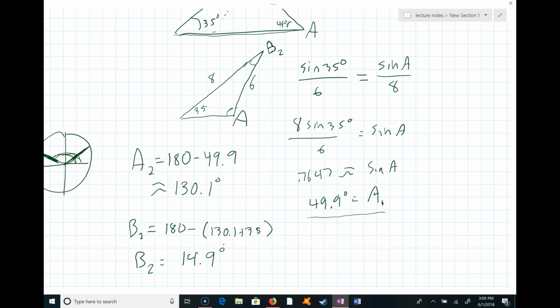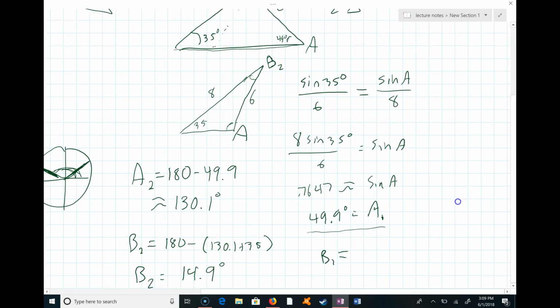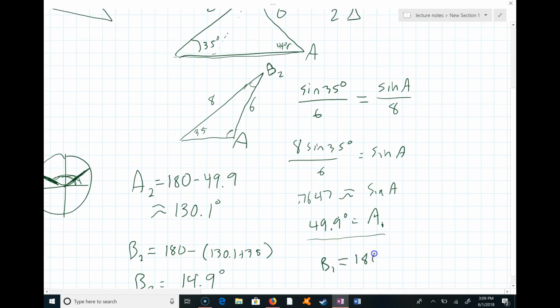And when there's 2 triangles, we've got to find all the parts for both triangles. Okay, so down here we have B2. Let's go back over here and find B1. B1 is going to be found similar to B2, where I'm going to go 180 minus 49.9 plus 35.